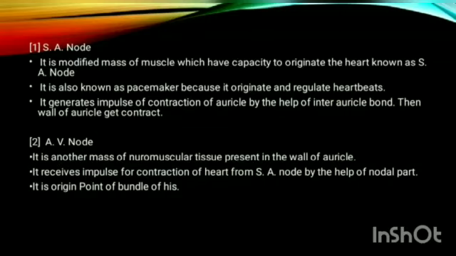It is also known as pace setter because it helps to set up 72 heartbeats per minute. It receives waves of contraction from SA node and generate fresh waves which turns towards wall of ventricle by the help of bundle of His and Purkinje fiber.